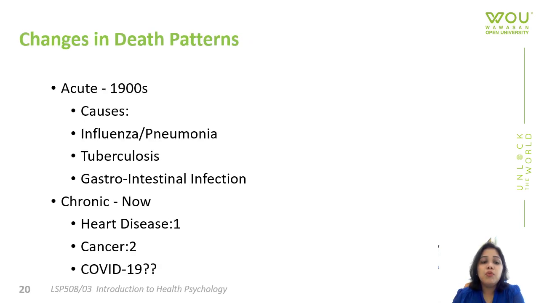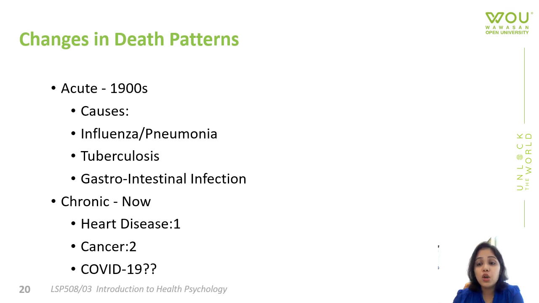And moving on to the changes in death patterns around the world, initially in the 19th century, the 1800s, most diseases were acute, short periods of disease that resulted in death or mortality. And the causes were tuberculosis and gastrointestinal infections.